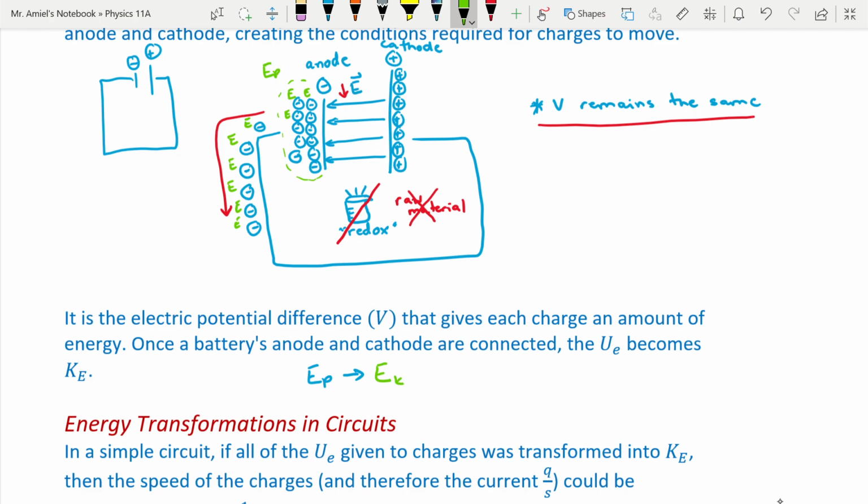Again, we said we're not going to show that as electric potential energy anywhere like that. We're going to say electric potential energy like that. So this electric potential energy becomes kinetic energy when it's here. I did that reversed here. Kinetic energy.